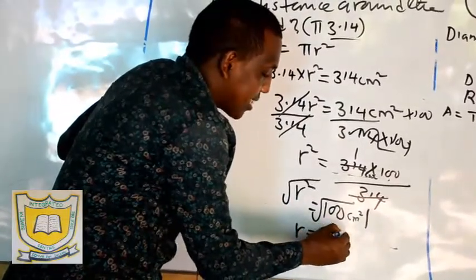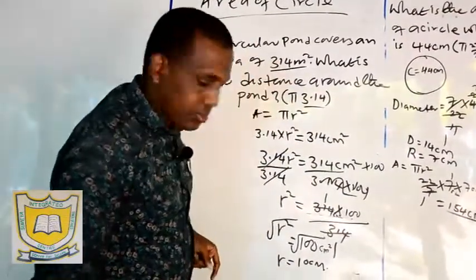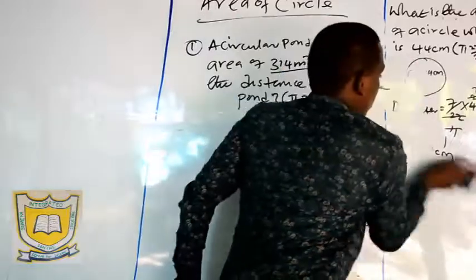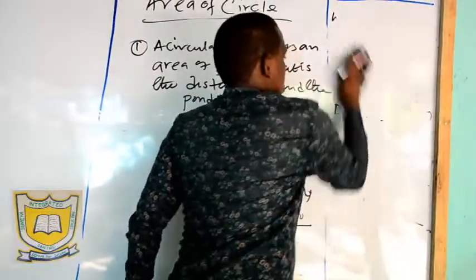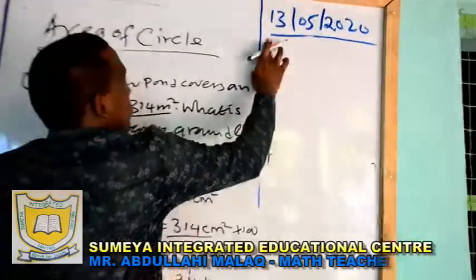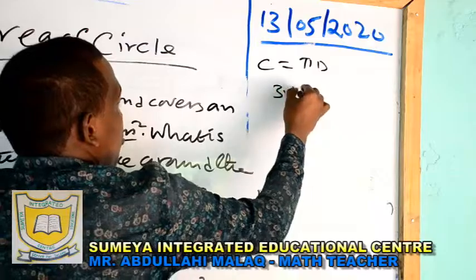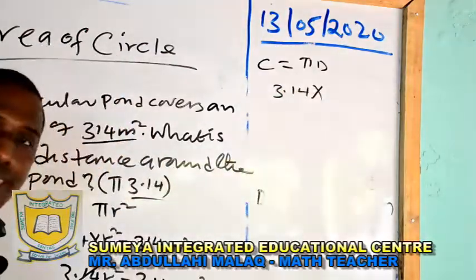So the radius is 10. But they want the perimeter now. Let us find the perimeter. They don't want the radius. Remember, our circumference is equal to pi d. 3.14 times diameter.